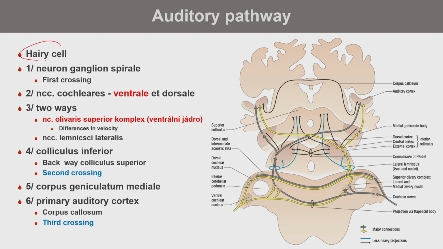We have a hair cell, then we have a neuron of the spiral ganglion, from which the information is transmitted to the cochlear nuclei. But on this level, we have the first cross of the information. The crossing is at the level of the medulla oblongata.